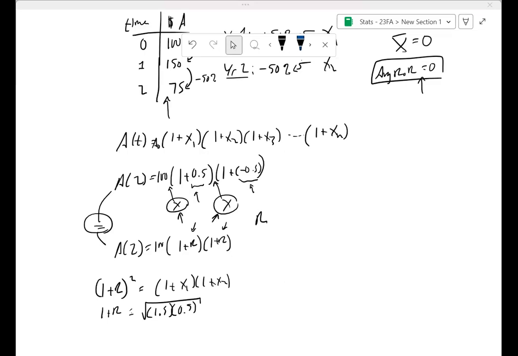So if I do square root of 1.5 times 0.5, that gives me about 0.866. And then I'd like to subtract 1, so my mean rate of return is 0.866 minus 1, which is 0.134. Oh, with a minus.